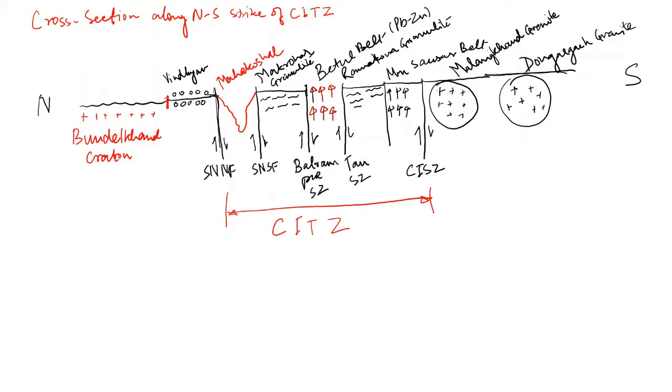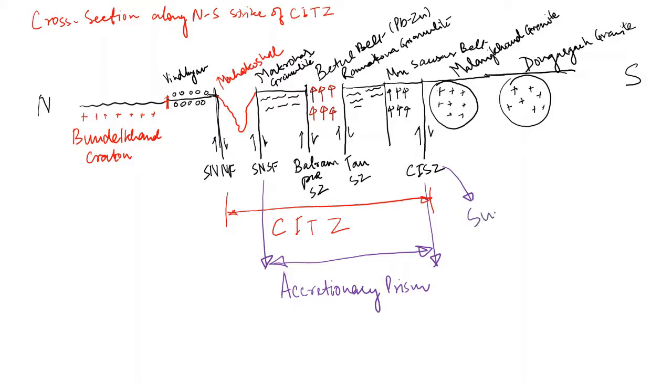So from the Son Narmada South Fault, which now includes the Macrohar granulites, till the manganese saucer belt, from here to here, this is basically an accretionary prism, which means that the portion represented by the central Indian shear zone has a subduction zone over here.